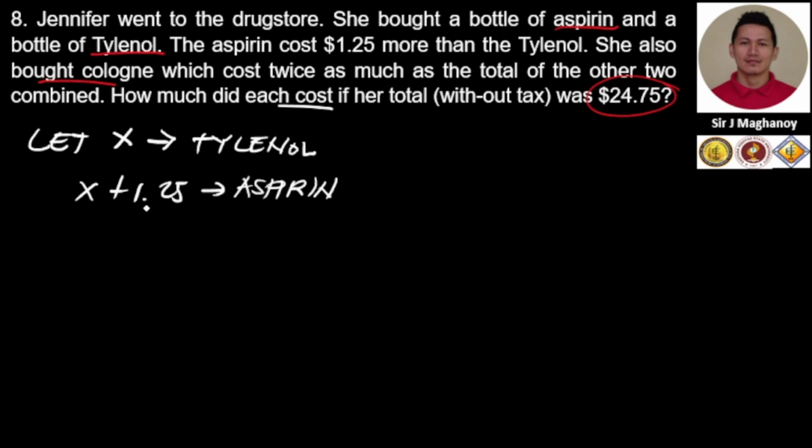Okay, so we have X plus 1.25 for aspirin, and she also bought a cologne which cost twice as much as the total of the other two combined. So the Tylenol and the aspirin combined: X plus X plus 1.25, that is 2X plus 1.25.